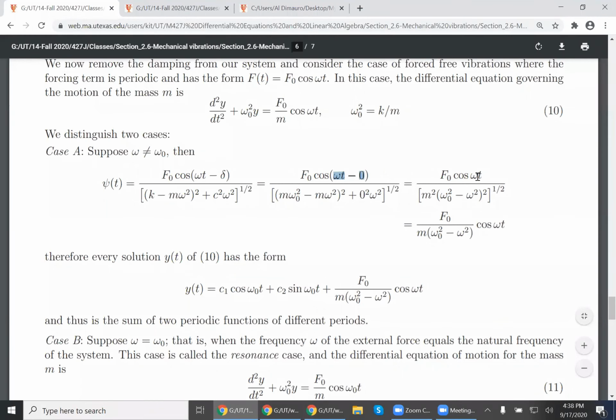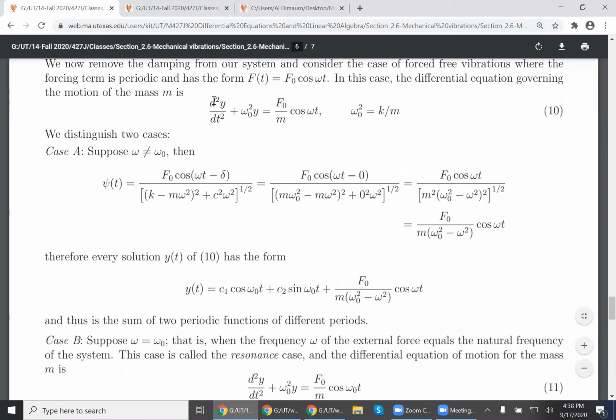Omega t minus 0 is omega t. This term disappears. Done. And now the square root of the whole thing gives us m times omega 0 square minus omega square.